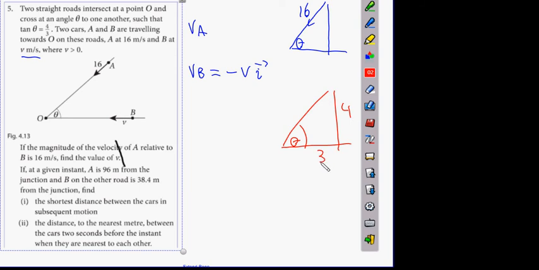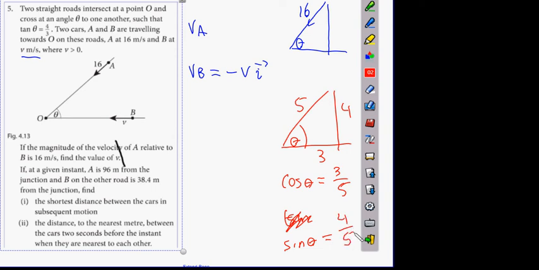Do Pythagoras' theorem, that turns out to be 5. Okay? And once you do that, then what we've got to figure out is cos theta, sin theta, tan theta. We know now that cos theta is going to be 3 over 5, and sin theta is 4 over 5.